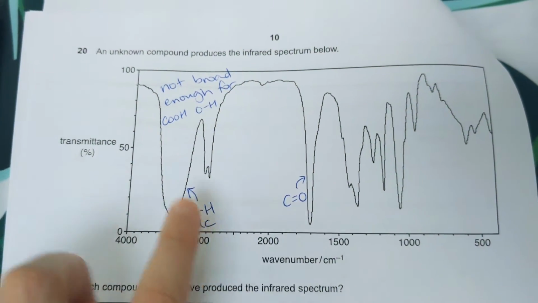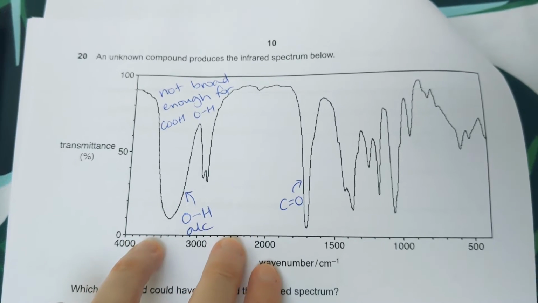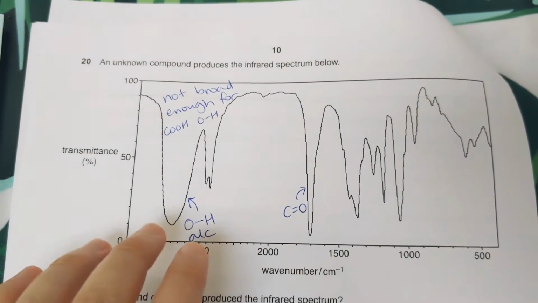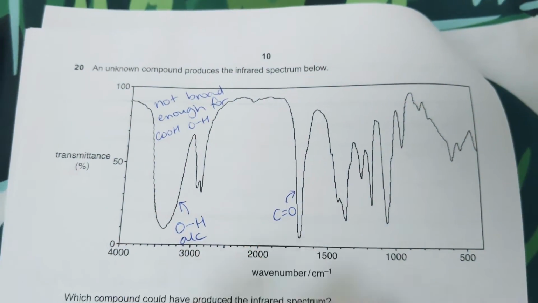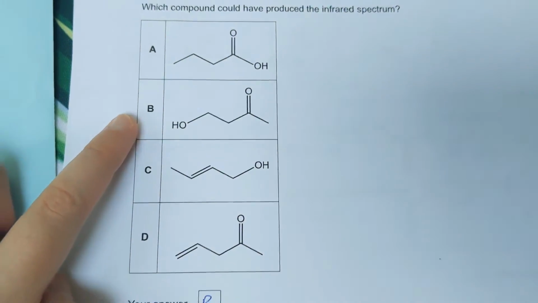However, this OH absorption was not quite in the range for a carboxylic acid, and it's not broad enough. So that suggests two different functional groups in the same molecule, an alcohol and an aldehyde or a ketone. So that agrees with compound B.